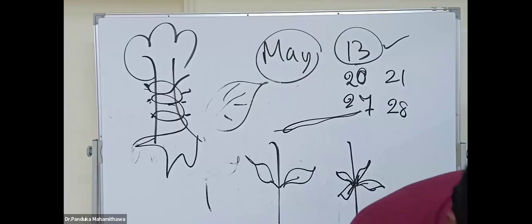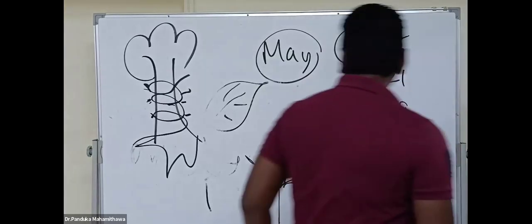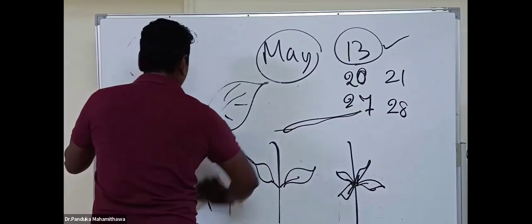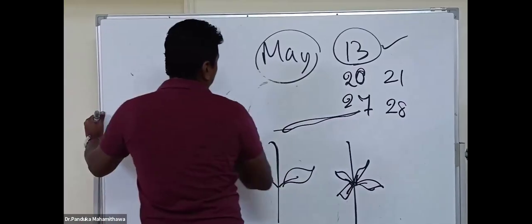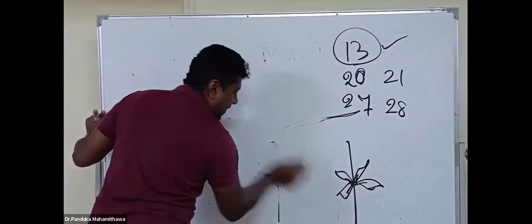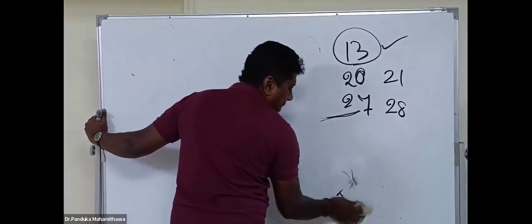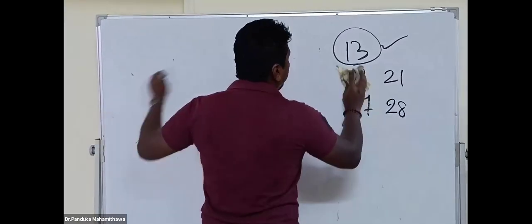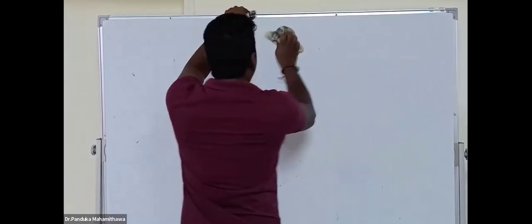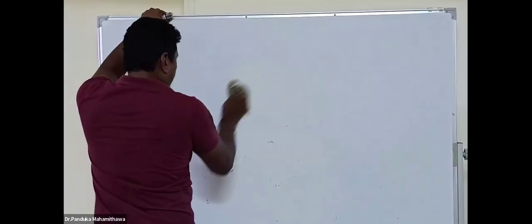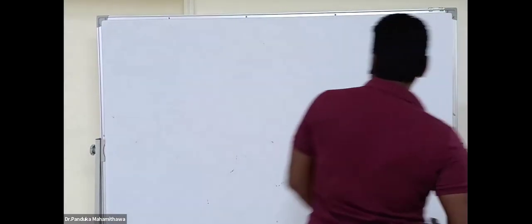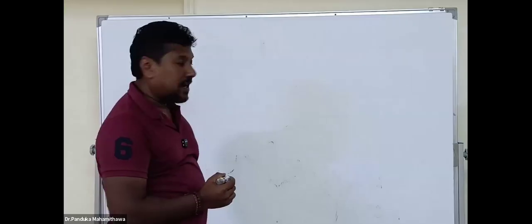Orientation of the leaves means how the leaves are oriented in their plants. Leaf orientation, right?